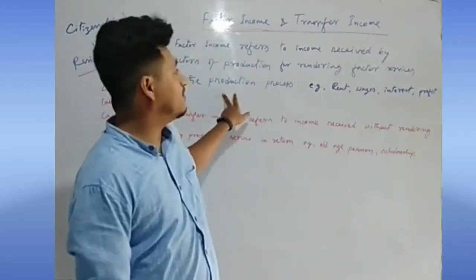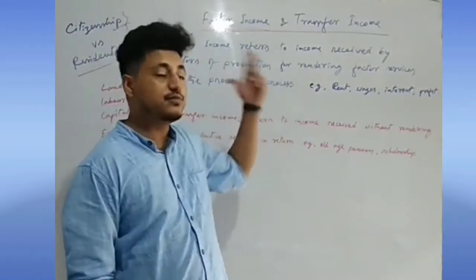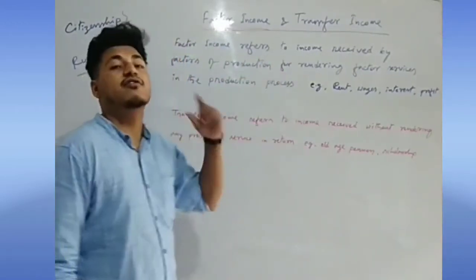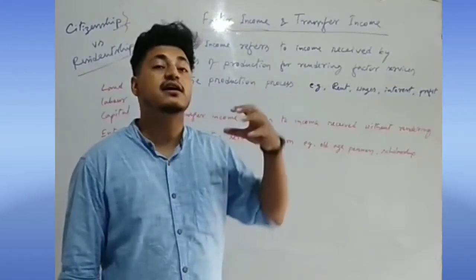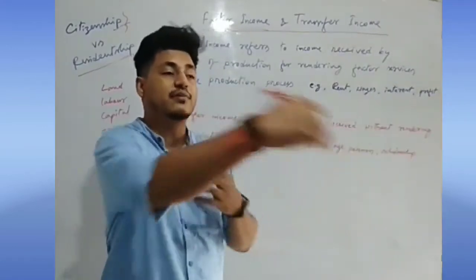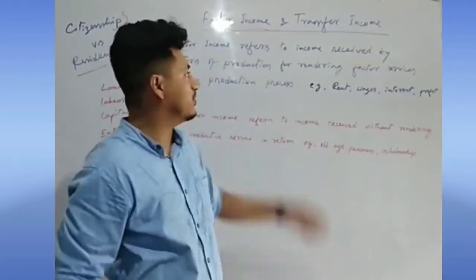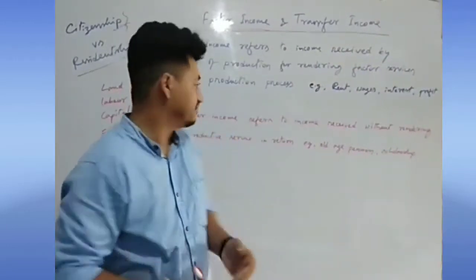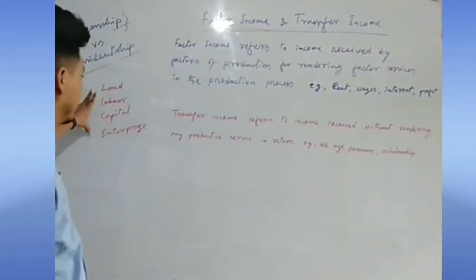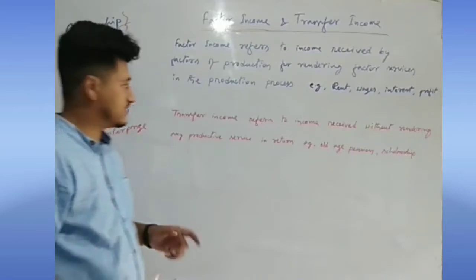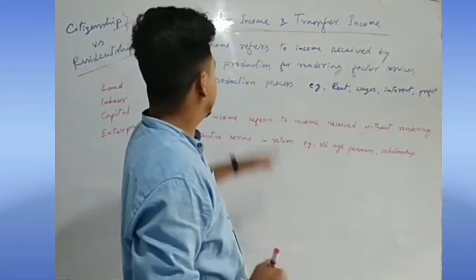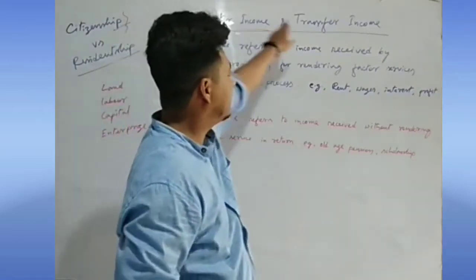Whereas factor income means the income received by the factors of production for rendering factor services. किस काम के लिए दिया है? जो काम वो लोग कर रहे हैं उस काम के रिटर्न में उन्हें जो मिलता है उसको हम फैक्टर इनकम बोलते हैं. So factor income is received by these four factors of production: land, labor, capital, and enterprise. So this is the concept of factor income and transfer income.